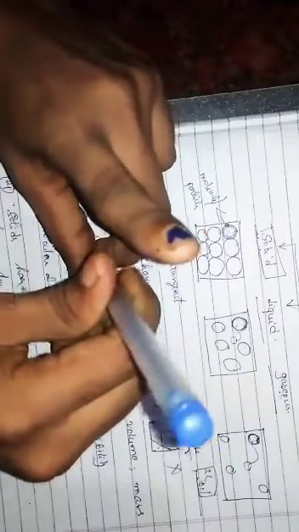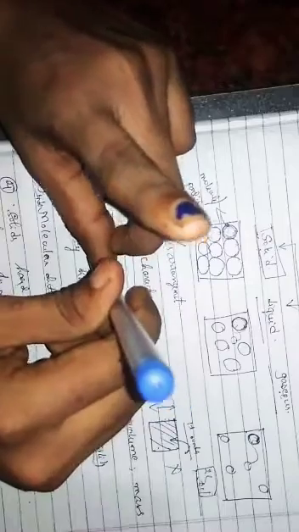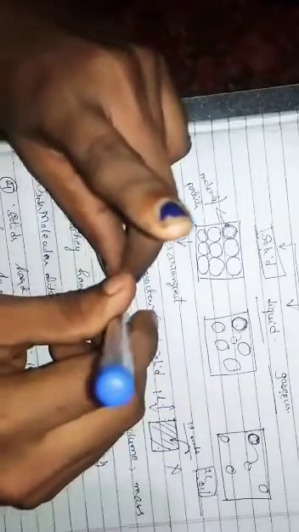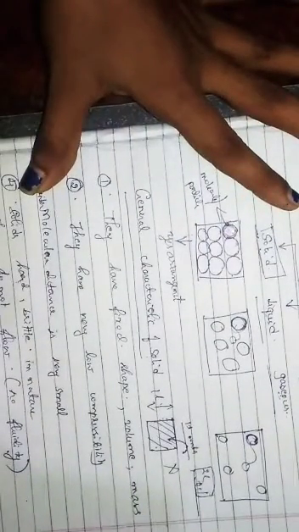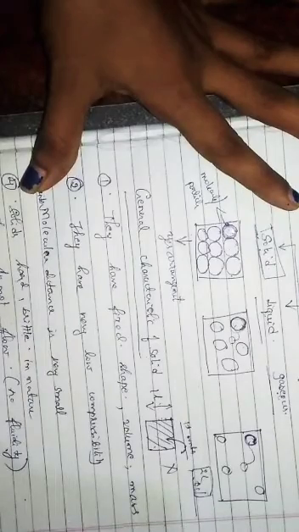They are very close, and what they can do is oscillate around their mean position, or they can vibrate. Oscillate means they are vibrating about their position only.